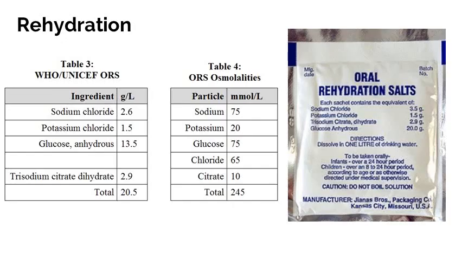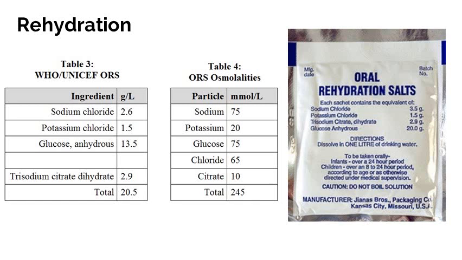So one of our most concerning features that can present with traveler's diarrhea is dehydration. In fact, that is typically the cause of morbidity and mortality, especially in pediatric patients who suffer from infectious diarrhea. So here are the recommendations for oral rehydration salts from the WHO. To the right, you'll see a photograph of an oral rehydration salt pouch.